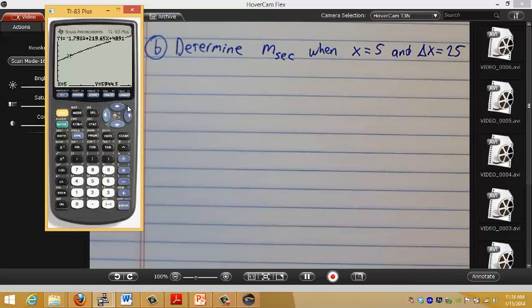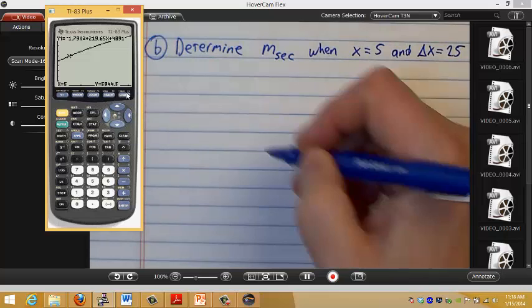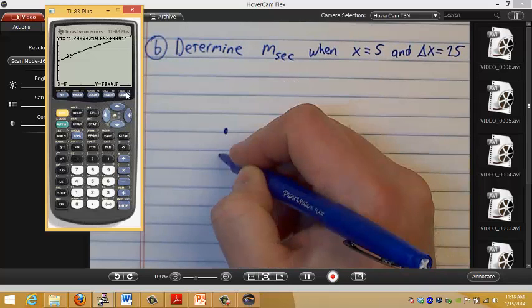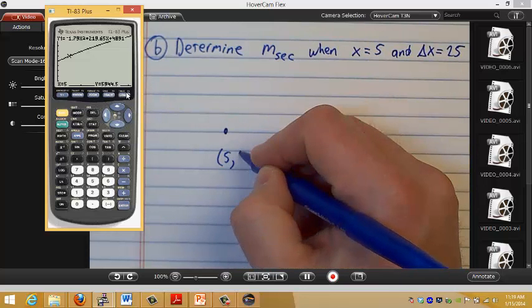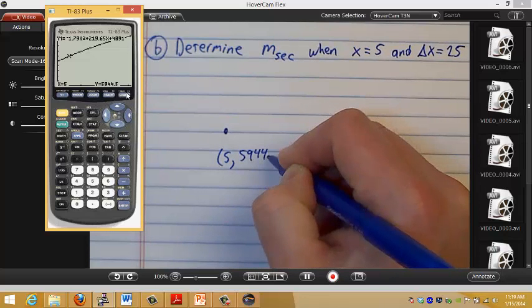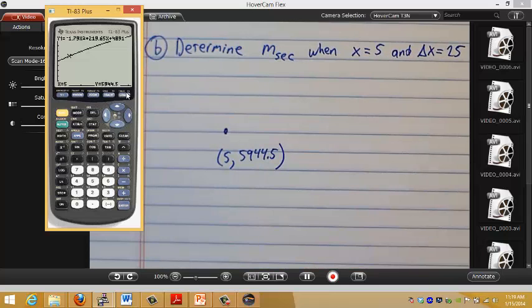And let's look at the graph one more time. So over here, I have the point 5,944 and a half court cases. Again, we understand that means in 1985, that's how many court cases were heard, right?